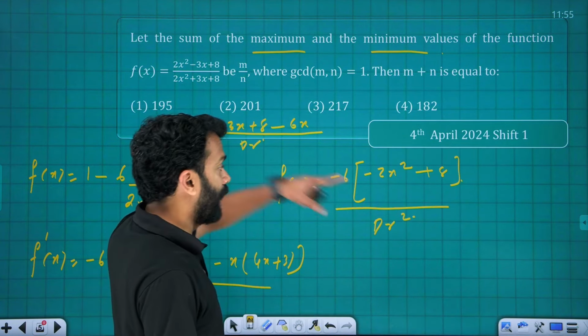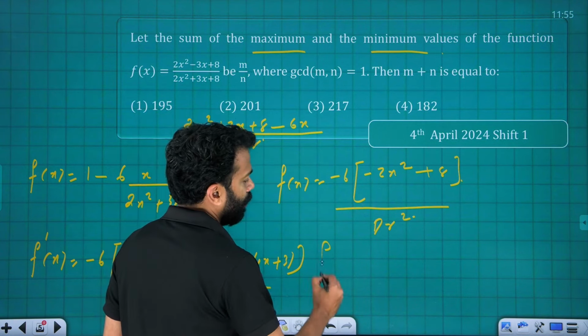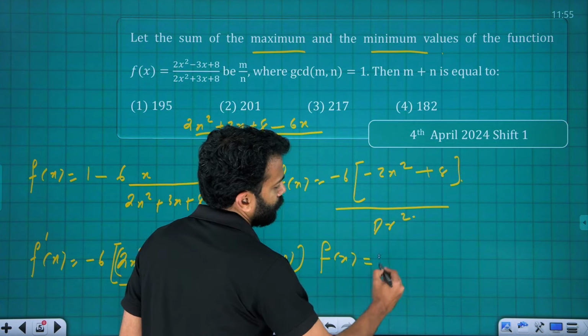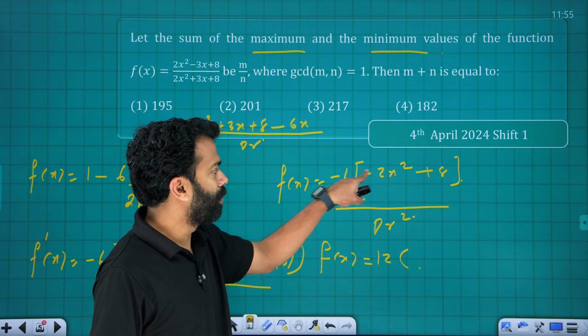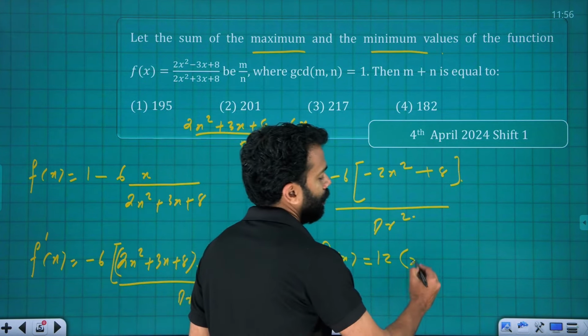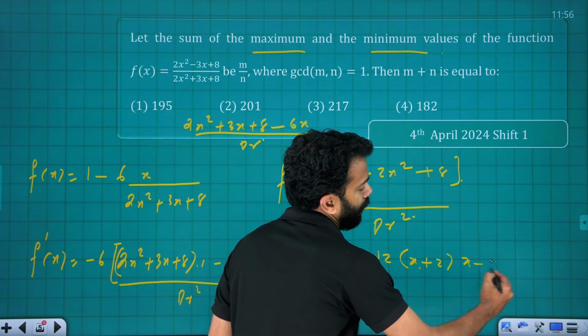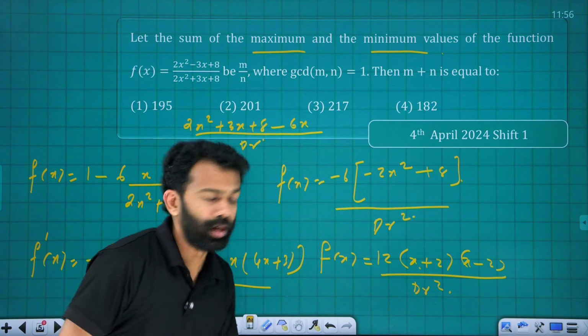Next, I am taking negative 2 from here. Therefore, f dash of x is equal to 12 into, inside it will be x² − 4, if you take minus 2 from here. That can be written as (x + 2) into (x − 2), divided by the denominator squared.